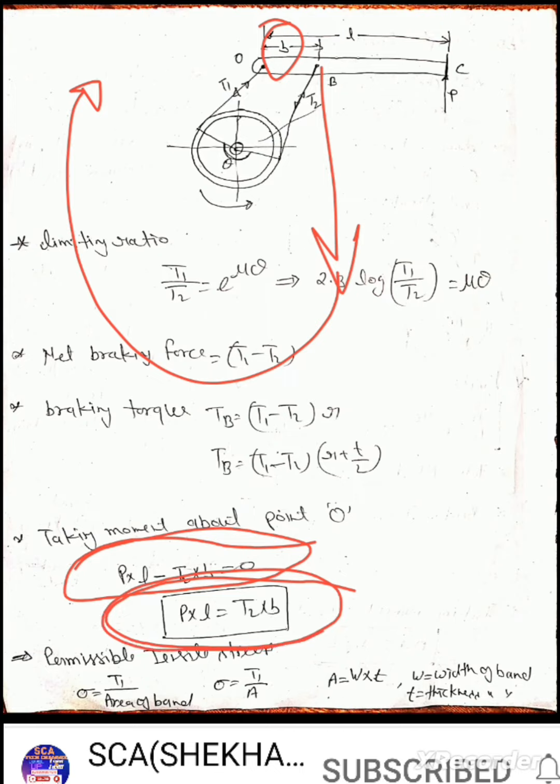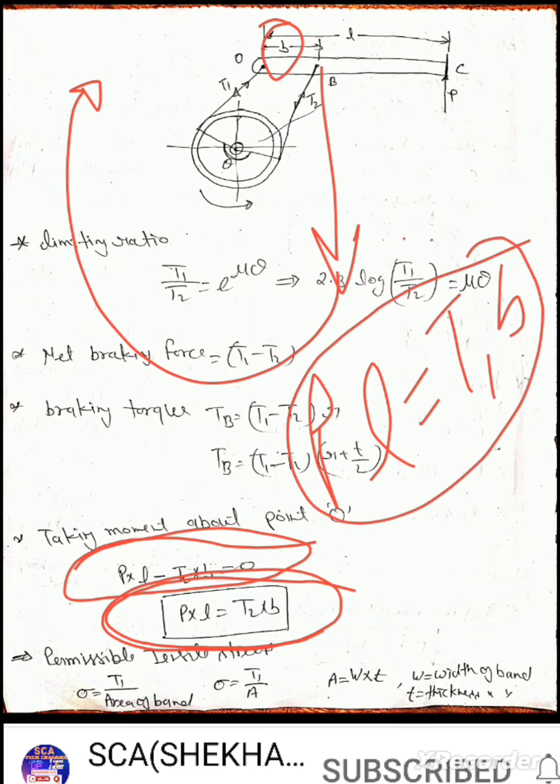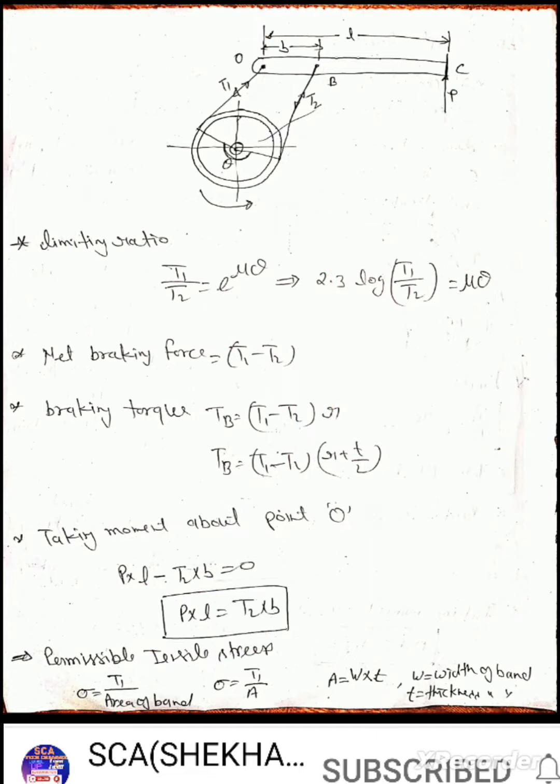In the previous case, we remember P into L equal to T1 into B. In the previous case we got T1, and in this case T2, because in the previous case the wheel rotates in clockwise direction.